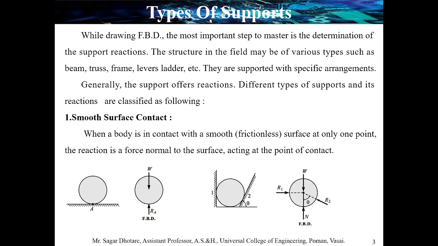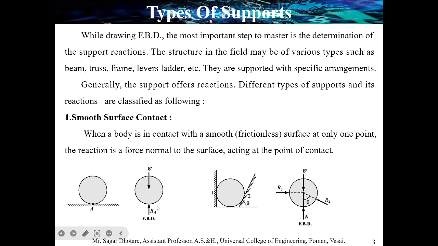Okay, that is the most important step to solve any kind of problem with respect to mechanics. So for that there are different types of supports which we need to find out, what they are actually reacting, how they are providing the opposite reactions. Okay, so let us start with the smooth surface contact.